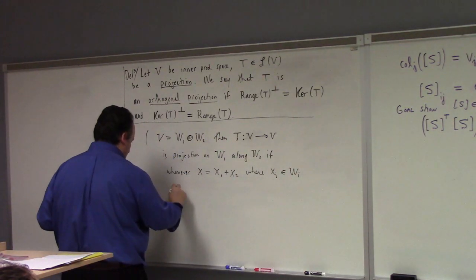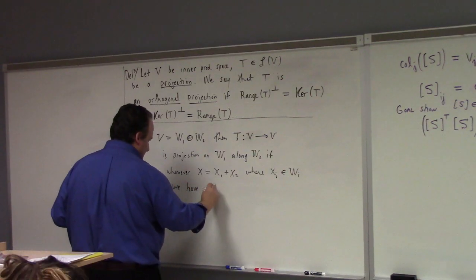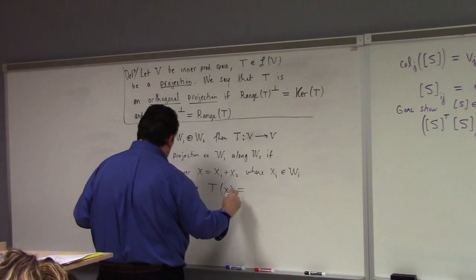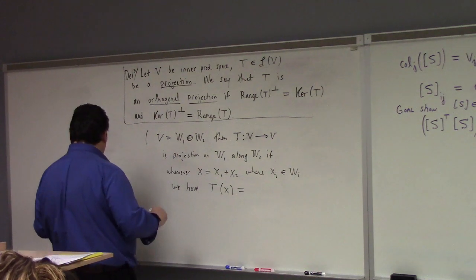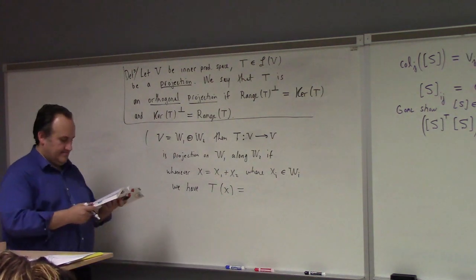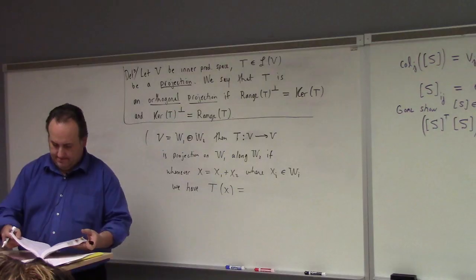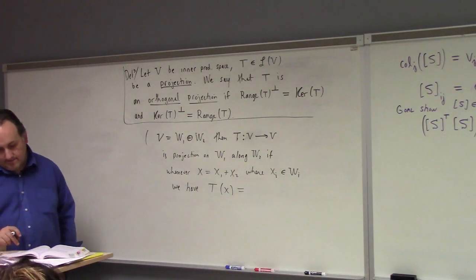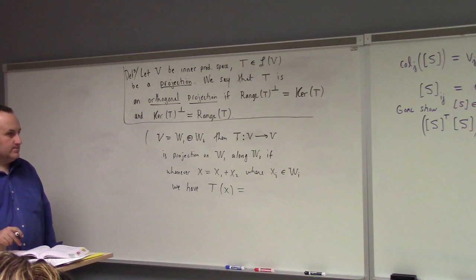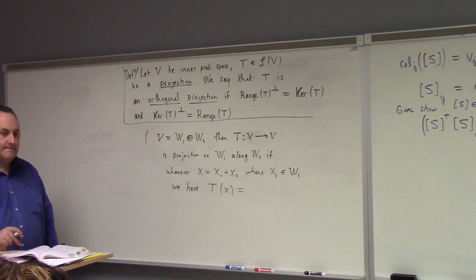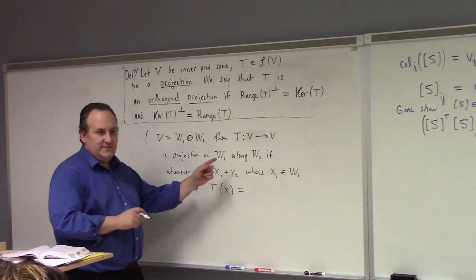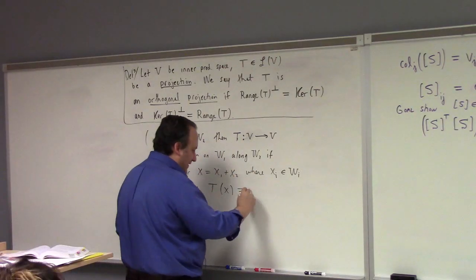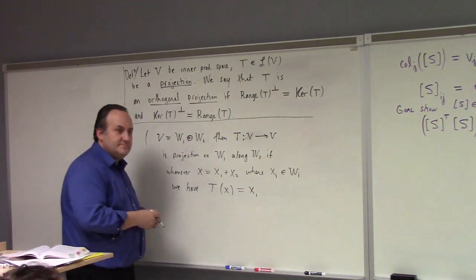We have T of x equal to, what do you guys think? It's a projection on W1, so that means it goes to x1 is what we're looking for here, okay?